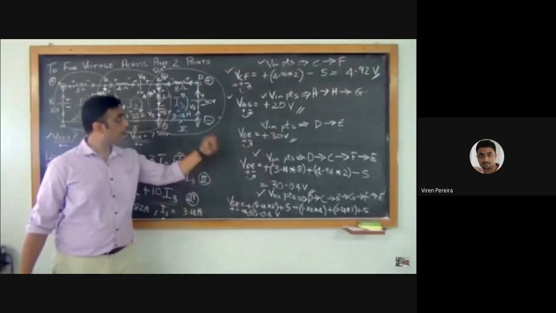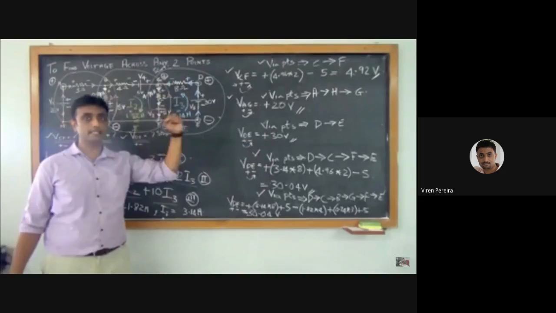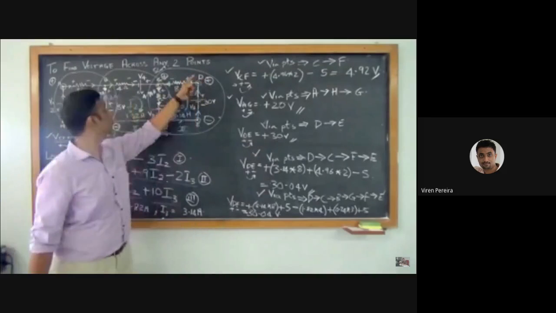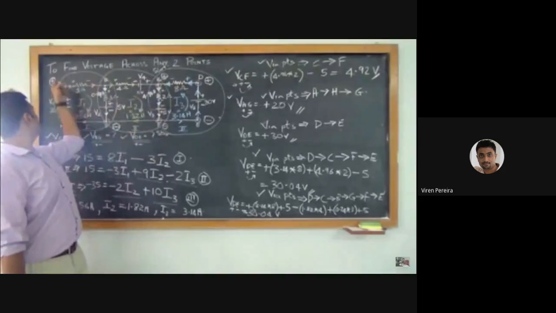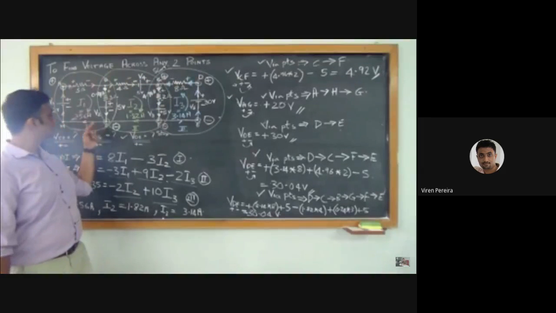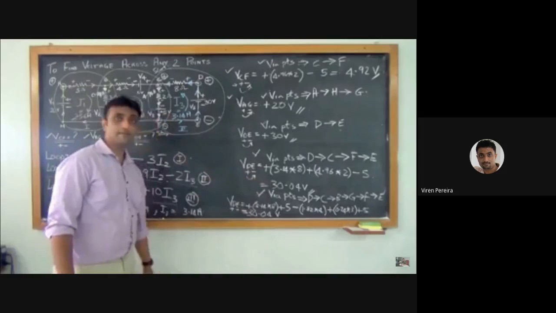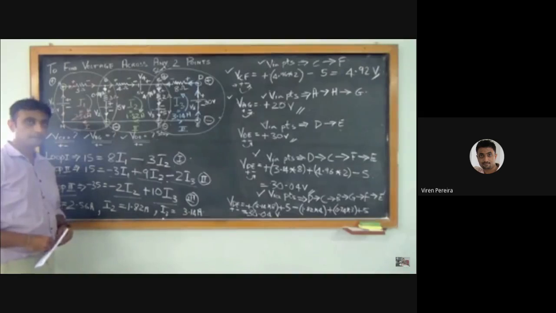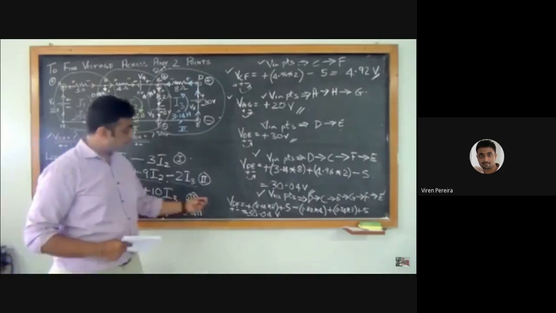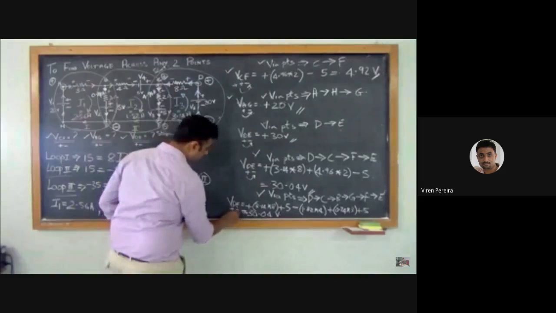So in this way, no matter which loop you take, you will get the same result. Even if you take the loop C, B, B, A, A, H, H, G, G, F, and F, E, you will also get the same value, that is 30.04 volts. This is basically taking your start point from B and moving to E.